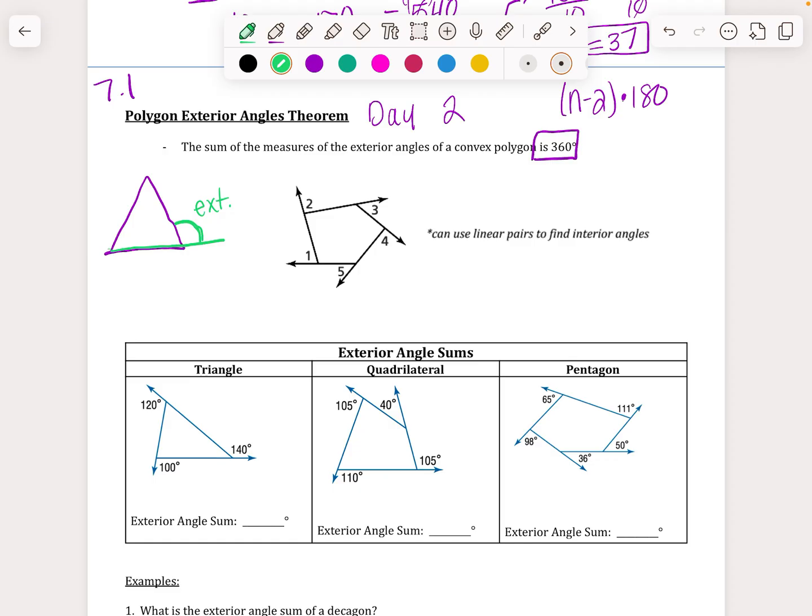So exterior angles are formed by extending the sides, and the exterior angles add up to 360 degrees. Remember that you can always use linear pairs to find the exterior angles because they are created by extending the lines. So the interior and exterior angles make a linear pair. If you know this one, you can find this one by adding them to 180.